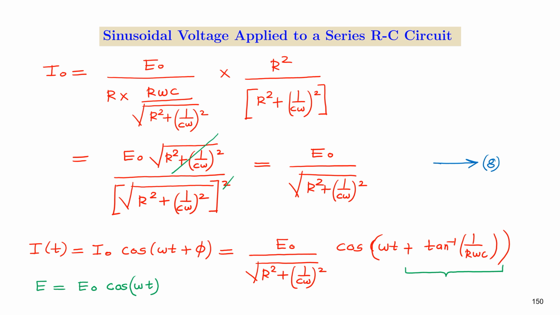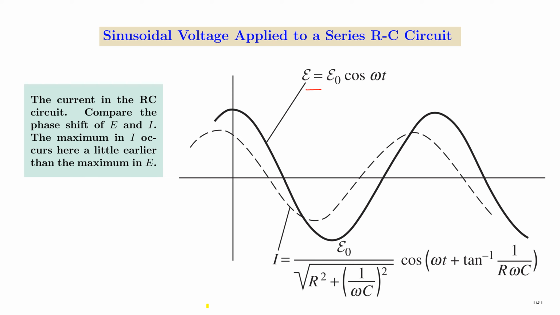Let us now see how this can be graphically represented. We have represented the input voltage, that is E equal to E0 cos omega t. The peak of the input voltage is over here, and the waveform shown in broken line represents the instantaneous current in the circuit.